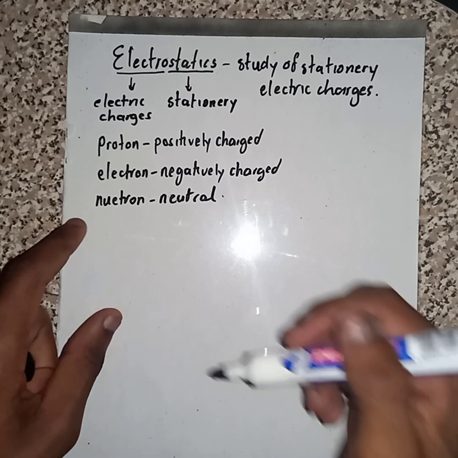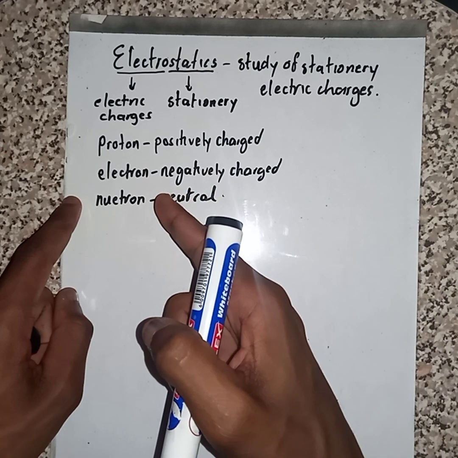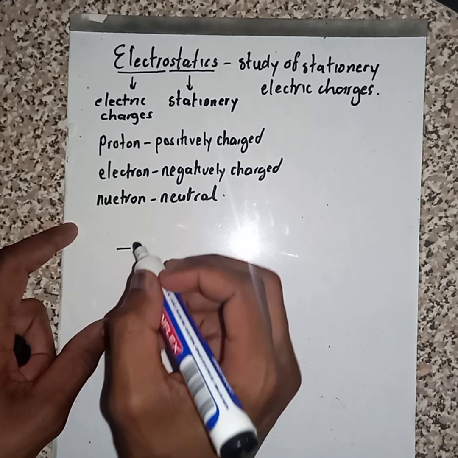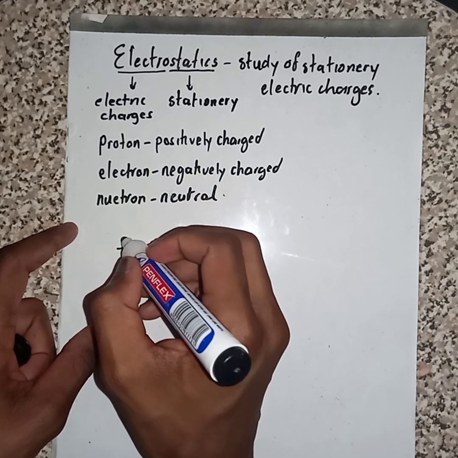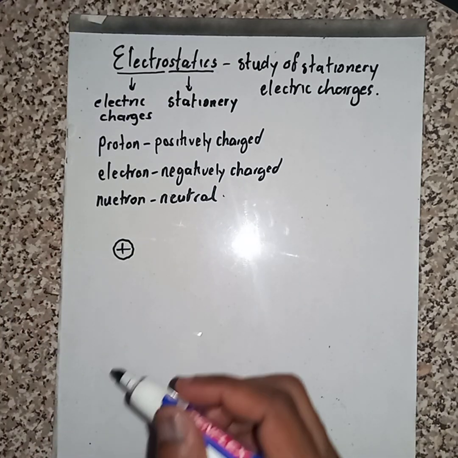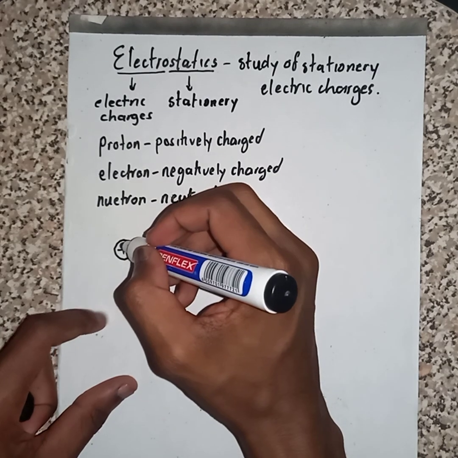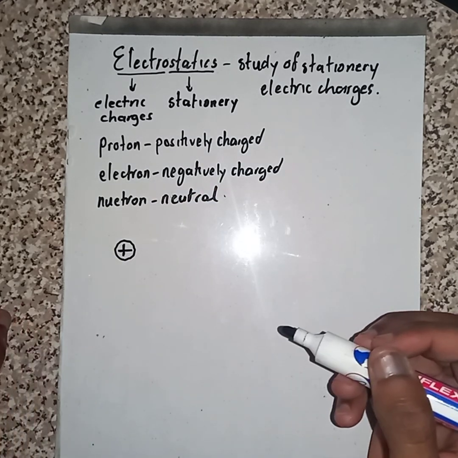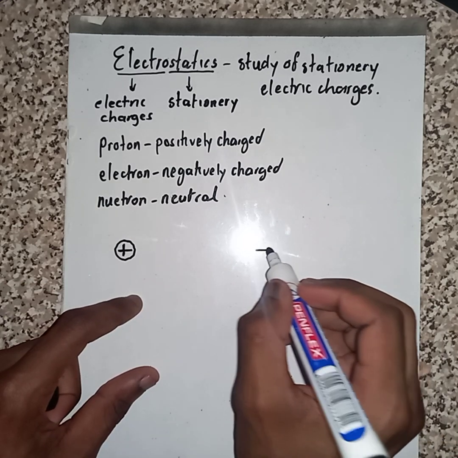Let me now consider electrons as well as protons. Let us start with the proton. Let's say I have a proton like this, then somewhere there I have my electron.